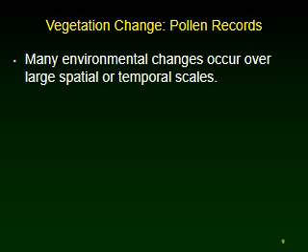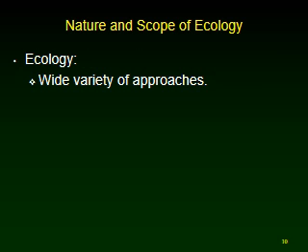Now, an experimenter called Davis monitored plant pollen deposited in lake sediments in the Appalachian Mountains, and he was able to document those temporal changes in the plant communities. So just some examples of ecological studies there.